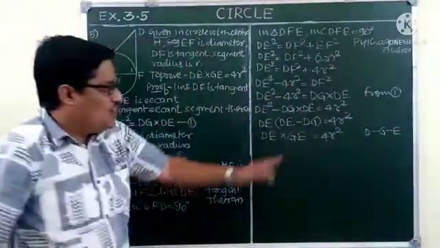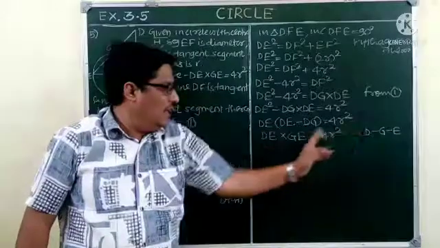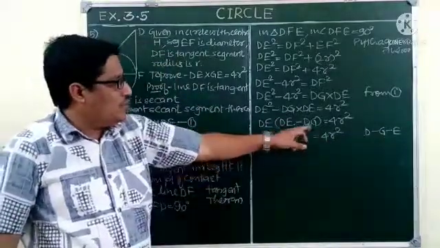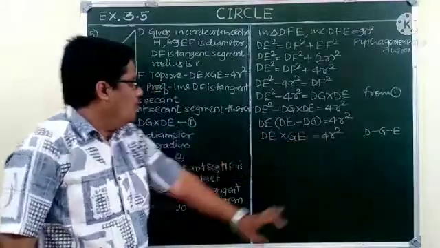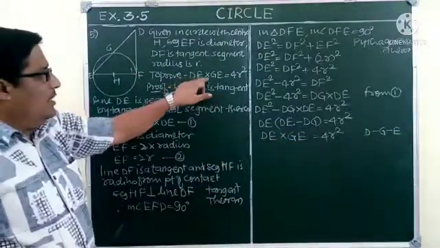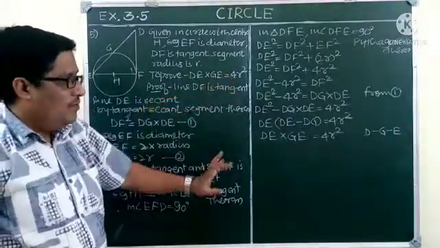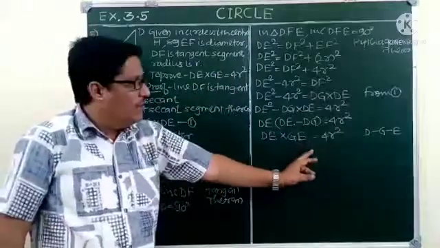That means point G is in between D and E. Therefore, here the subtraction of these two will be GE. So DE multiplied by GE is equal to 4R square. In this way, we can prove this.